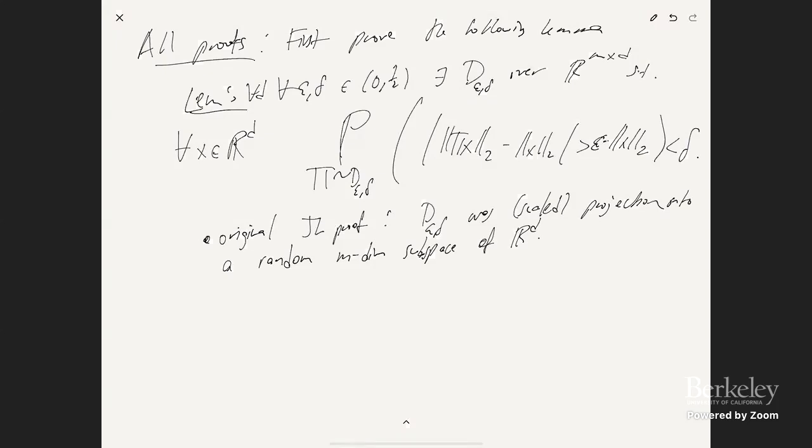Once you have the lemma, why does it imply the JL lemma?